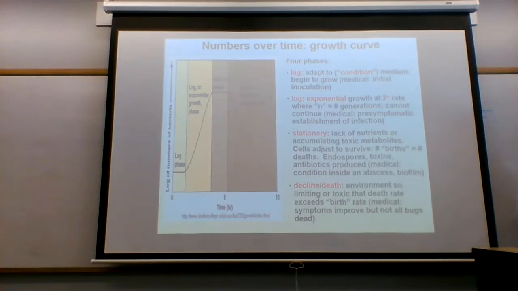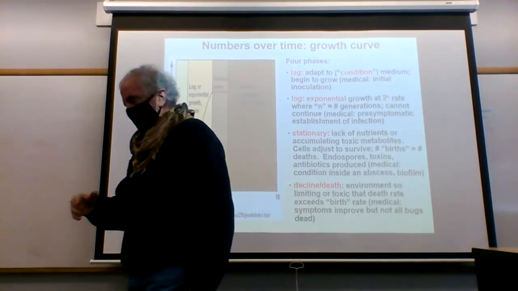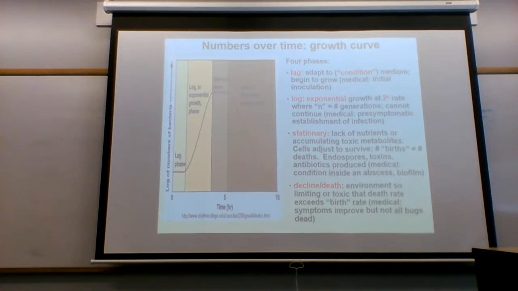So now, when we look at bacterial growth, you can measure it in a number of ways. You can actually count the number of bacteria, which is rather tedious. A simpler way to do it is to look at what's called the optical density, i.e., how cloudy it is.